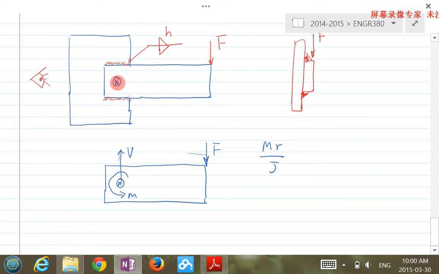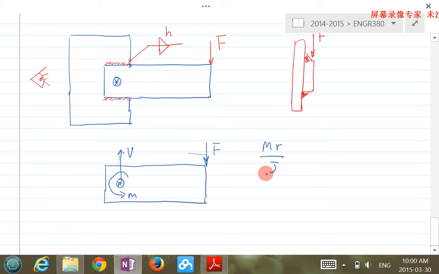If I look from the center to where I'm looking, which location has the maximum r? The corner, this corner here. If you connect this to any location on the weld, you have a distance, that's the r. So this is the location that gives the maximum r, and maximum r gives me the maximum stress.